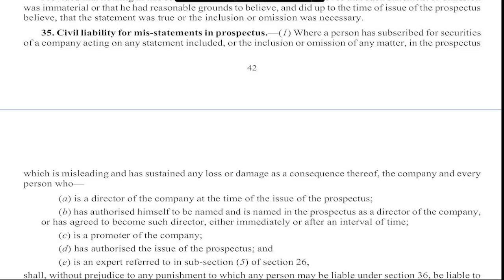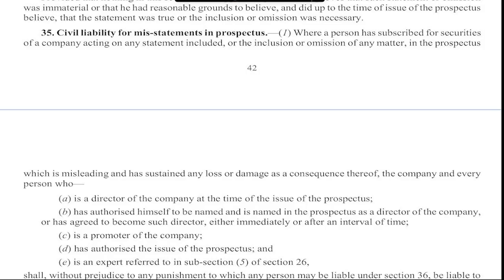Before that, please read subsection 1 up to here. Read out. Where a person has subscribed for securities of a company acting on any statement, believing on the statement included or the inclusion or omission of any matter in the prospectus which is misleading, and because of that, sustained any loss or damage as a consequence, then the section gets attracted.